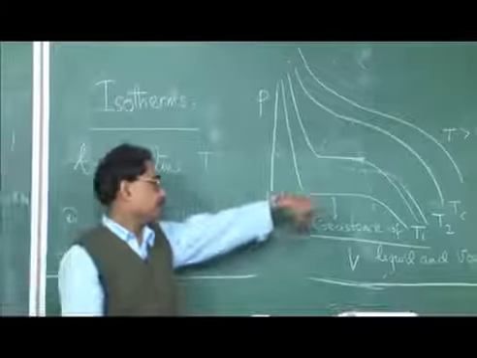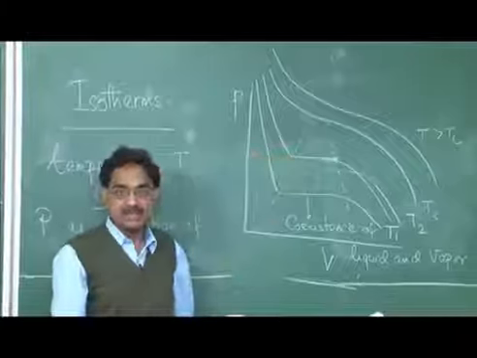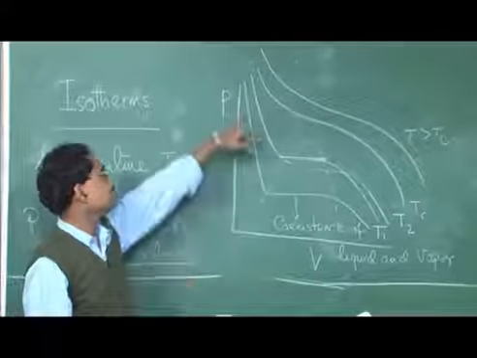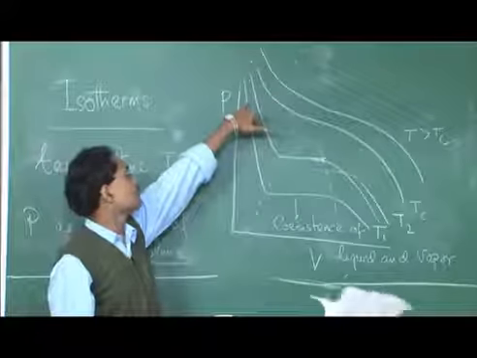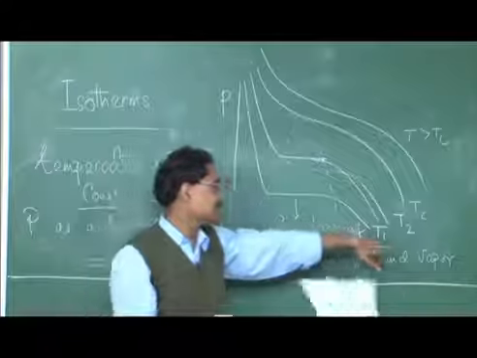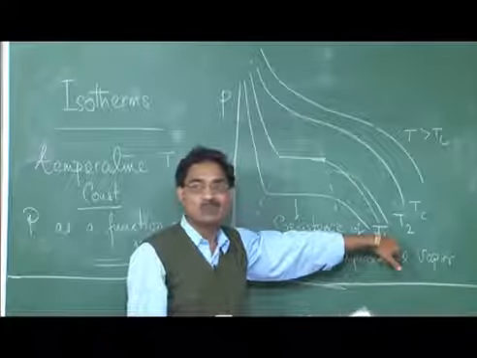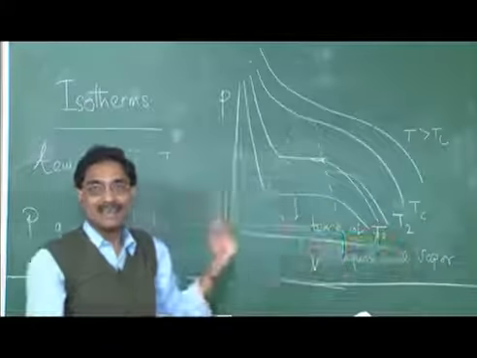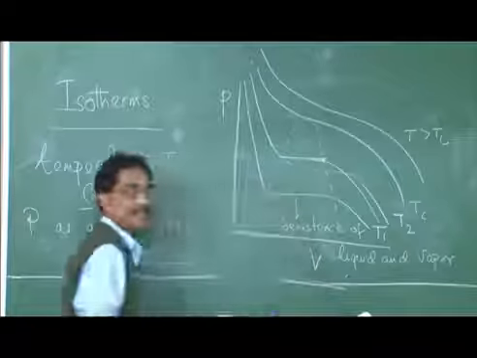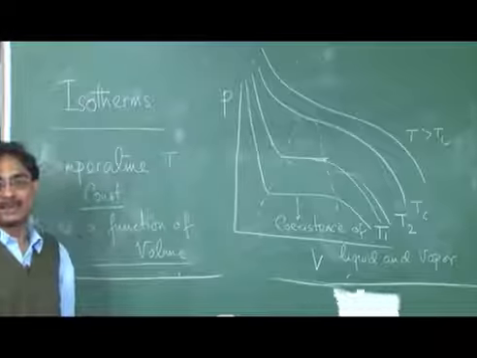Firstly, if you change the pressure, this is your high pressure, low volume, this is low pressure, high volume region. So, liquid and gas, they coexist here in this region.